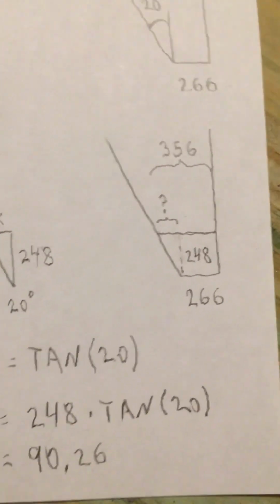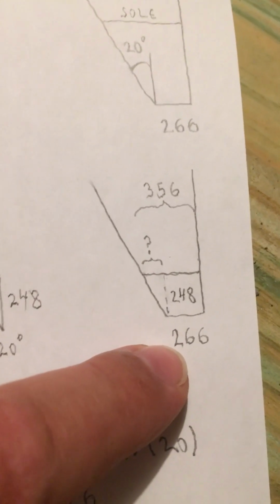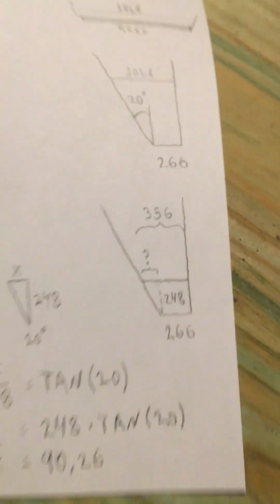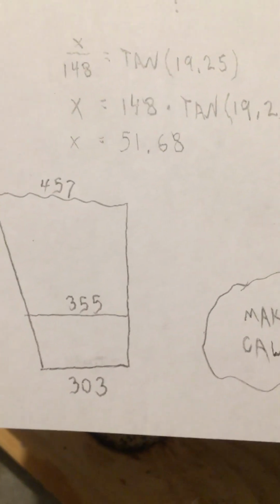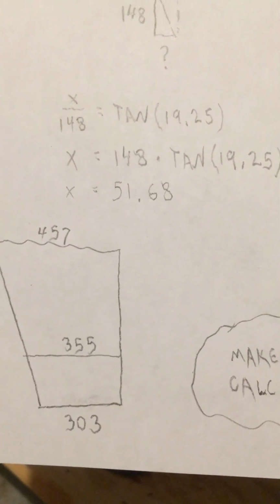So we can take 90, add it onto the 266, and we end up with 356. That means that we've got 356 millimeters width at the sole, and we only need 303. So this toilet is definitely going to fit.